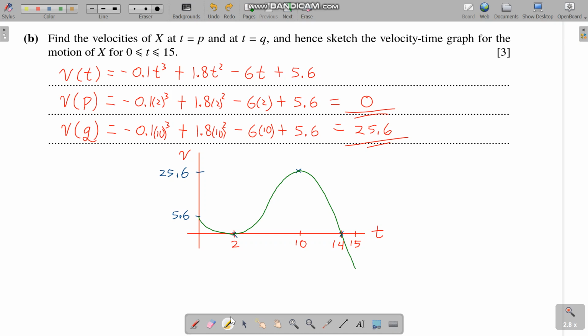So that means when the time is 2 and 10, we have stationary points, because acceleration means v prime means the gradient is 0, so we have a minimum and maximum here. Okay, since we know this is a minimum, this must be maximum, so this is the graph.